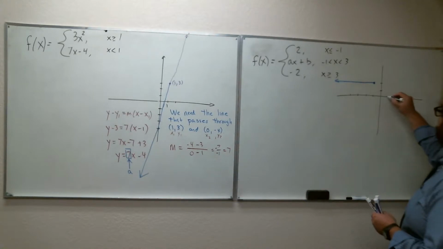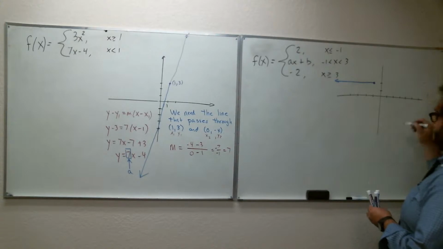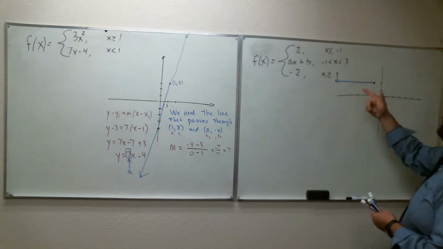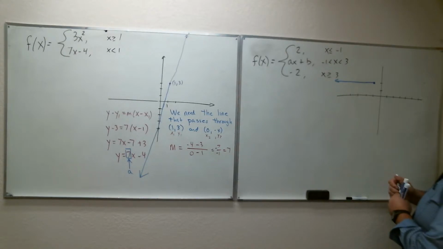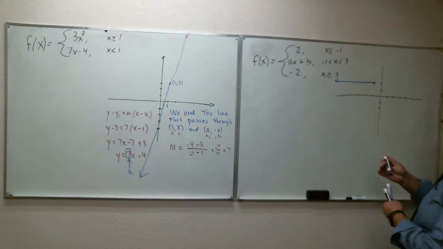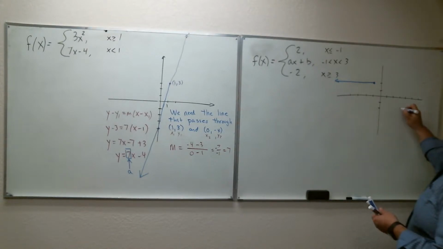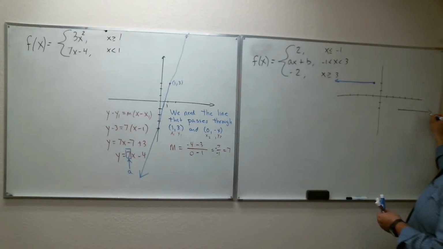So we go over here, say 1, 2, 3, 4, 5, 6, let's say. Well, for 3 or greater on the x-axis, the y values are all -2. So we'll make this in purple. So 3, -2 is on our graph. 4, -2 is on our graph. 5, -2 is on our graph. And so we have a horizontal line at -2.